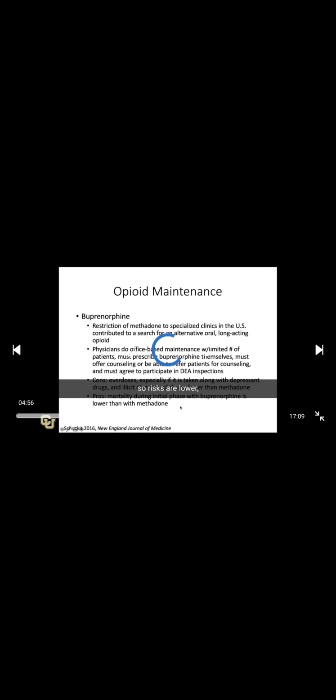But there are fewer negatives than with methadone for sure. And then the pros here: mortality during the initial phase with buprenorphine is lower than methadone.